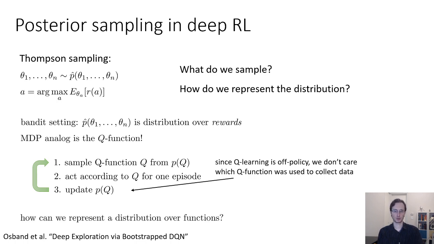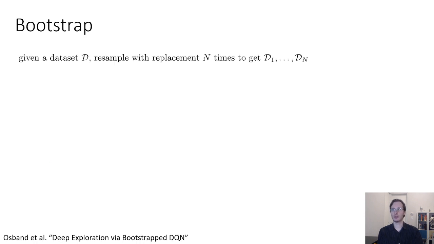How do we represent a distribution over functions? Well, one of the things we could do is think back to the model-based RL lectures, where we learned how we can represent distributions by using bootstrap ensembles, and essentially try the same thing. So given a dataset D, we resample that dataset with replacement n times to get n datasets D1 through Dn, and then we train a separate model on each of those datasets, which basically means we train a separate Q function on each of those datasets.